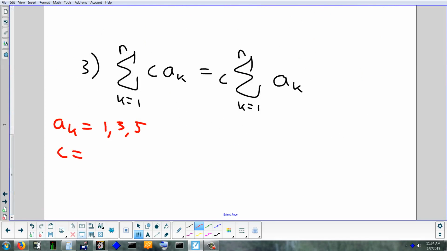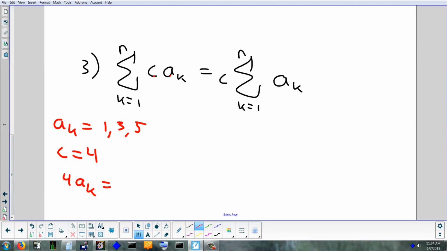Okay, somebody pick a number that I can use for a constant. Just don't pick 1, 3, or 5, because that might look confusing. 4. Okay. So what I want to find is 4a sub k. That literally means just take everything in a sub k and multiply by 4.